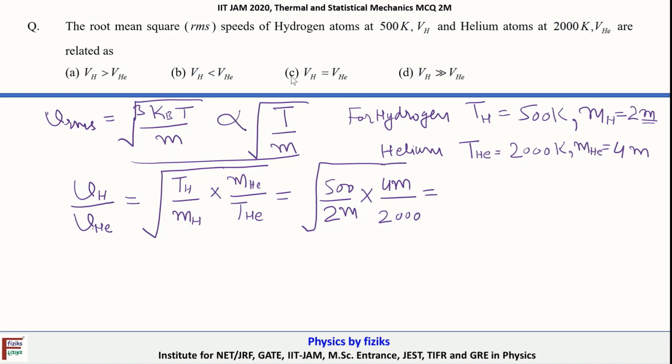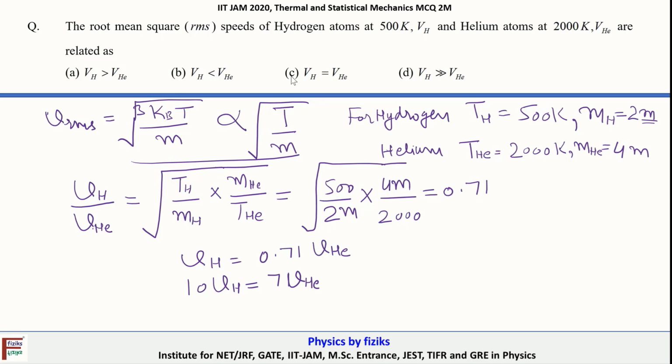After solving it, you will obtain that this is equal to 0.71. That means vH is equal to 0.71 times v helium, or in other words, you can write the RMS speed of hydrogen as approximately 0.7 times vHe, if I'm taking only up to the first decimal place.